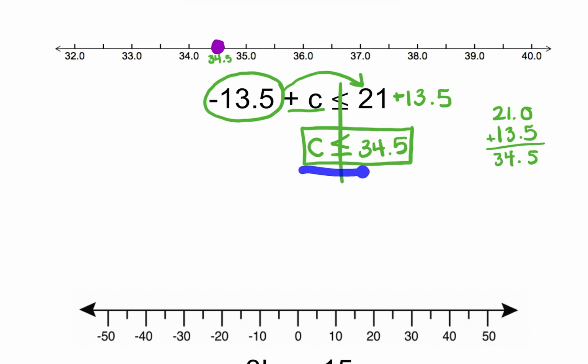And now we need to read this and think, is it bigger or smaller? So the alligator's eating this side this time, so c is less or equal. But most important, it is less. And if we're less, we are going this way.